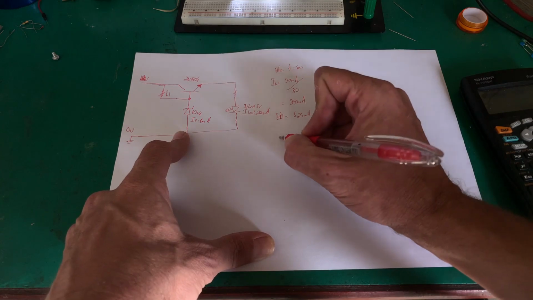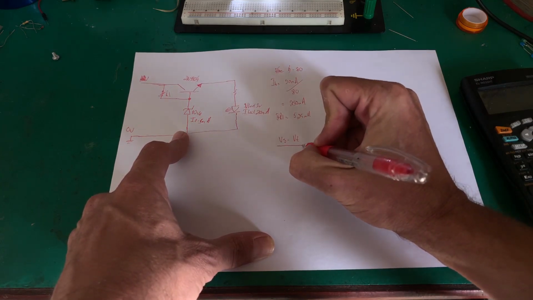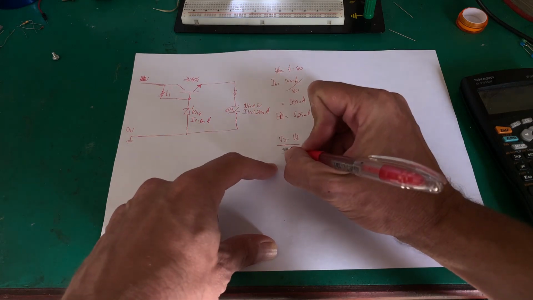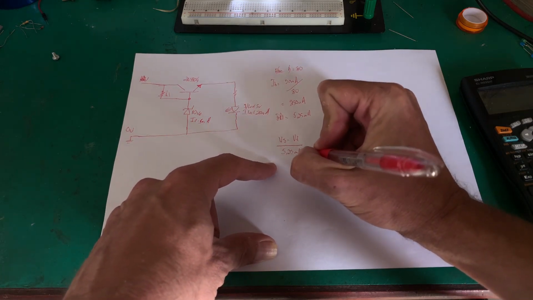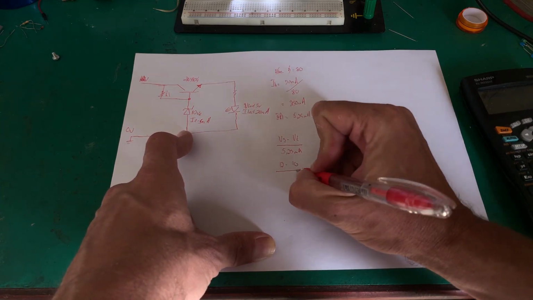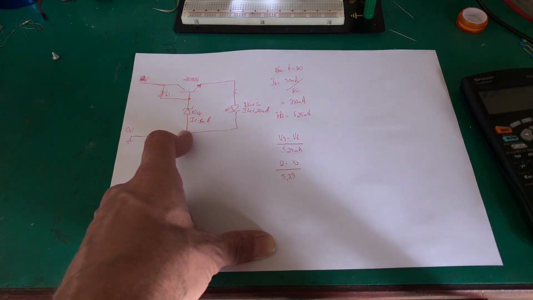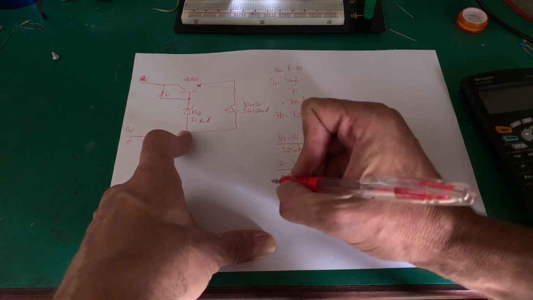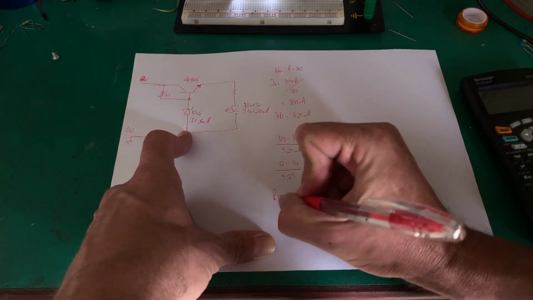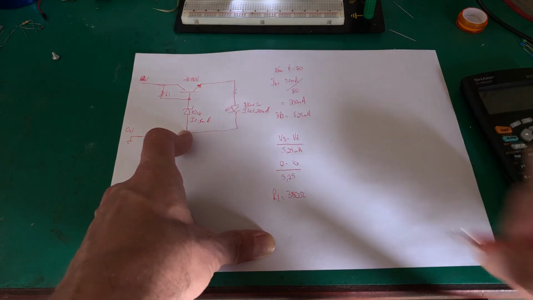So we can say Vs minus Vz over the 5.25 milliamp, which is 12 minus 10 over 5.25, which is 2 over 5.25, and if I do that, 2 divided by 5.25 milliamp, we get a resistor value of 380 ohms.